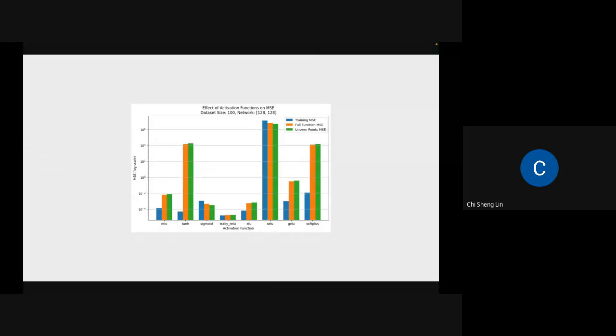When it comes to Softplus, it has slow convergence, poor generalization, and maybe struggles due to slow activation growth. And the scaled exponential linear unit has exploding loss values from the start. As it is known, this scaled exponential linear unit works best with self-normalizing networks, but without careful weight initialization, it fails catastrophically.